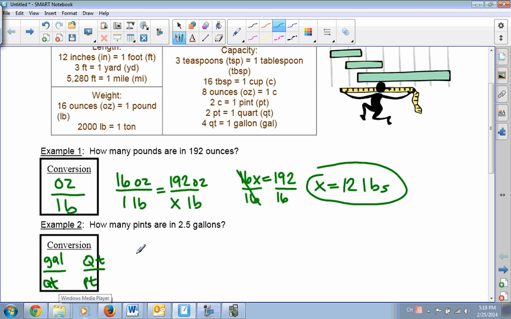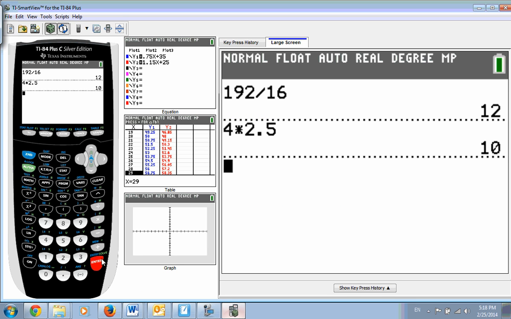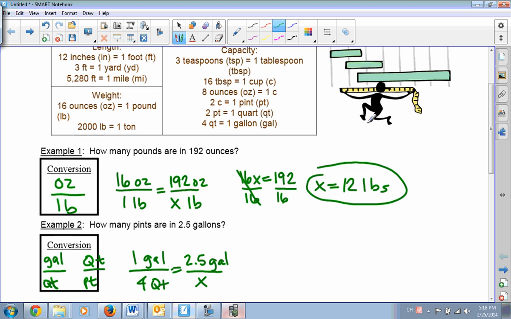We know that in 1 gallon there are 4 quarts, and we have 2.5 gallons. So all we're doing is 4 times 2.5, which on your calculator is 10. So we have 10 quarts.